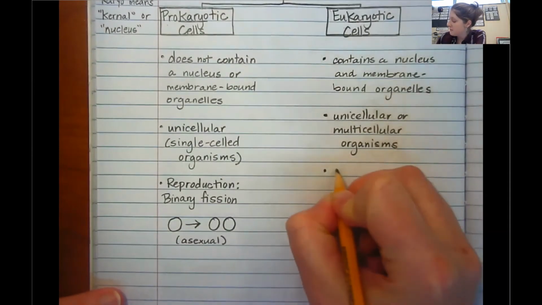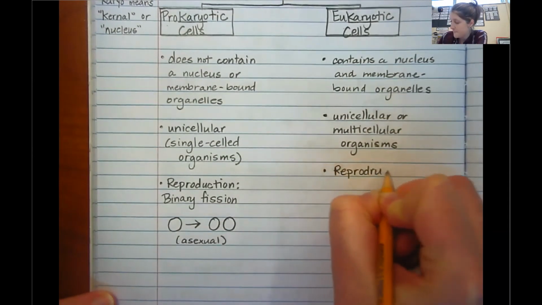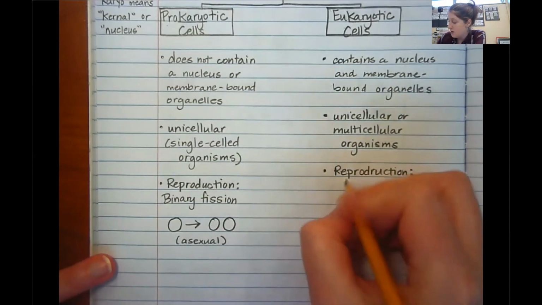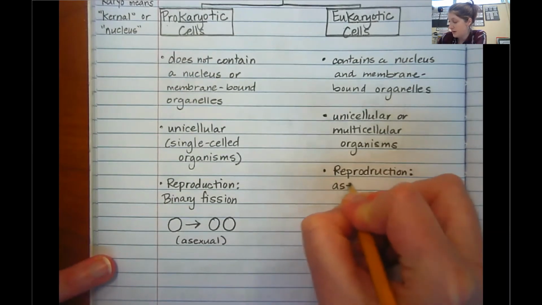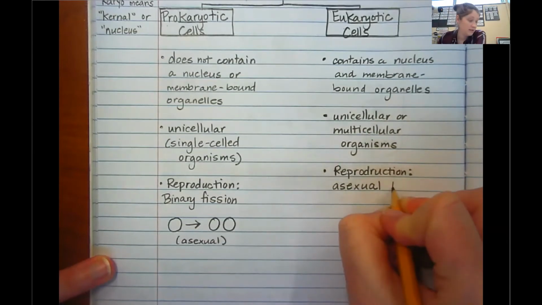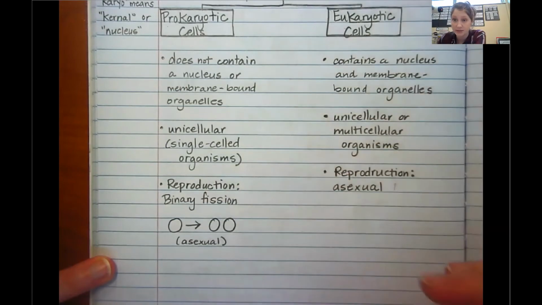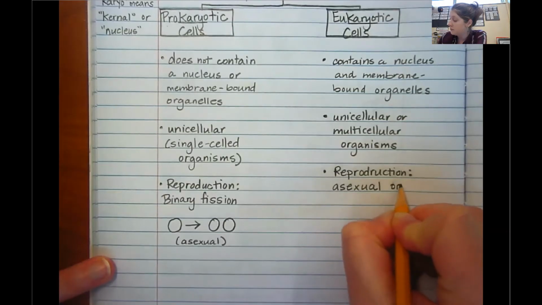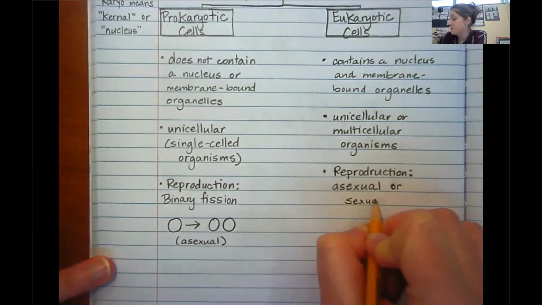So the reproductive method for eukaryotes is both asexual, binary fission, and, or I should say or, because there are some unicellular organisms that are eukaryotes, sexual. Now, we are organisms that do both.